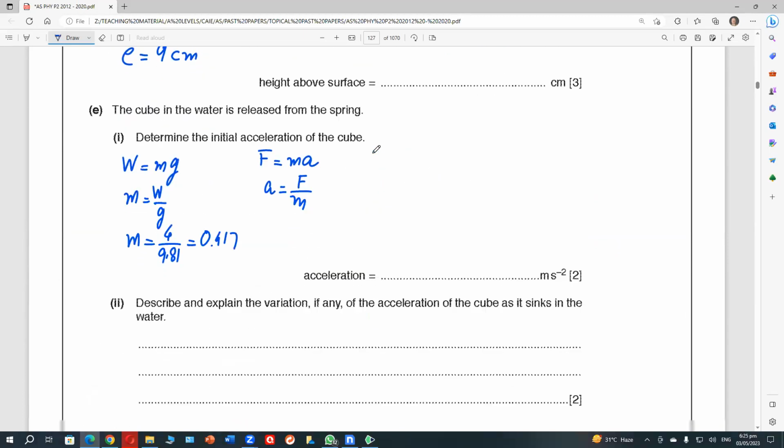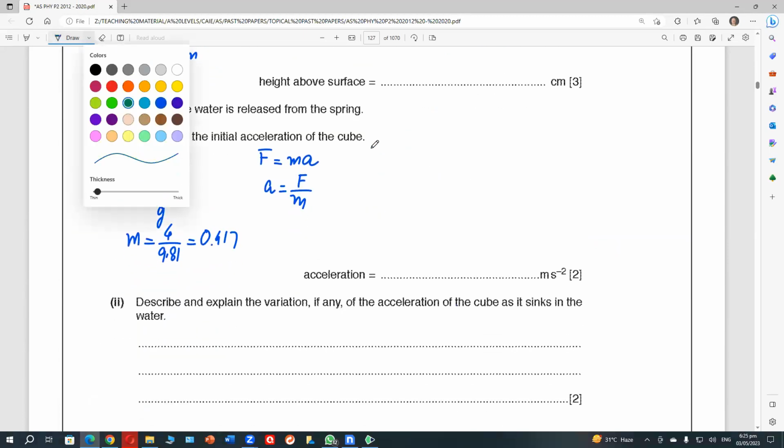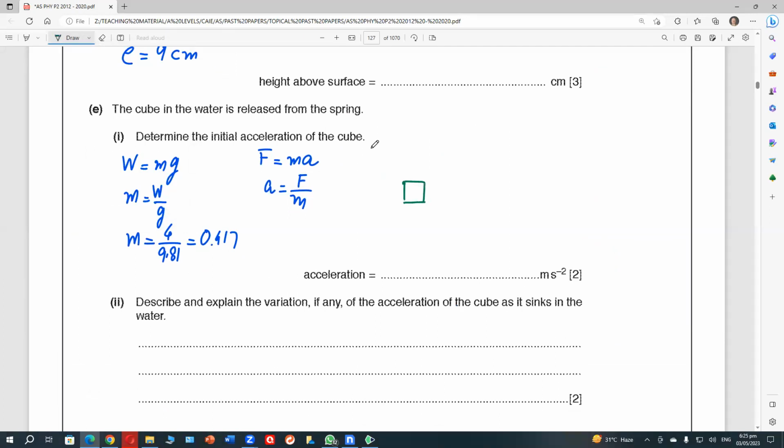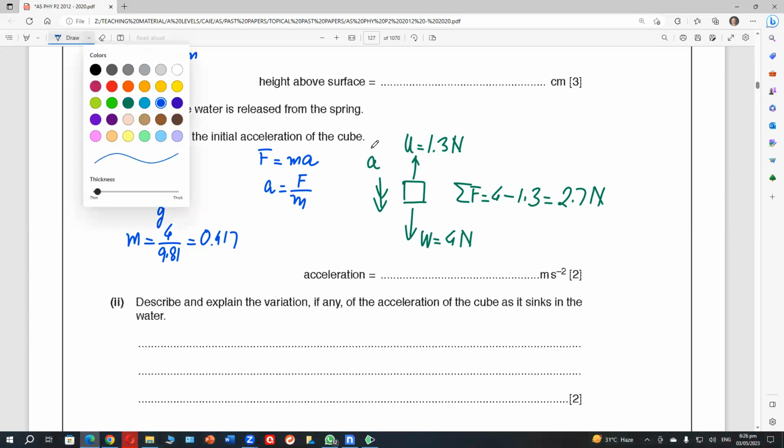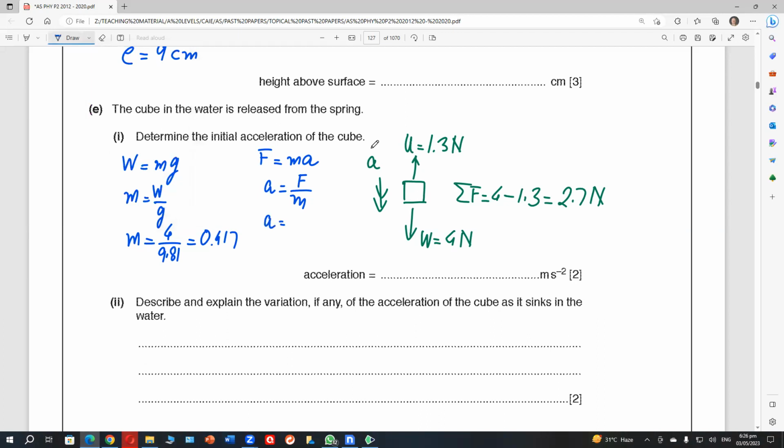So you have to convince the examiner that when you release it, the final answer is coming as 6.47.